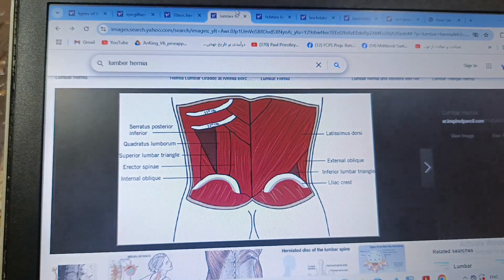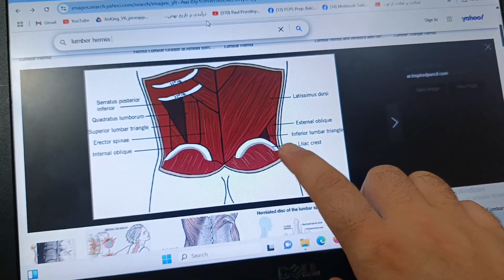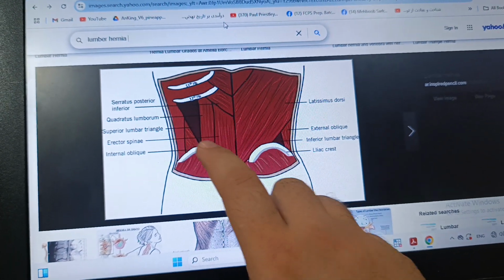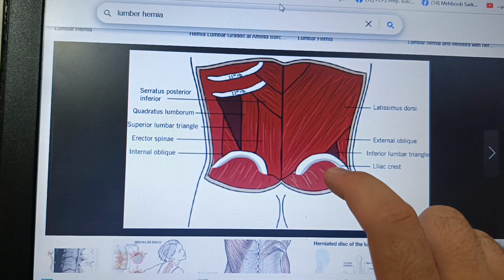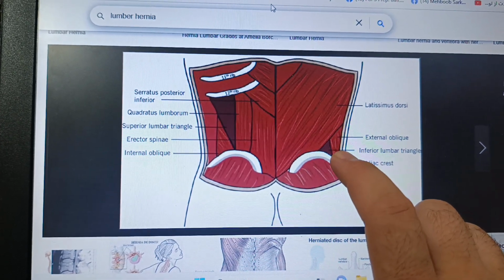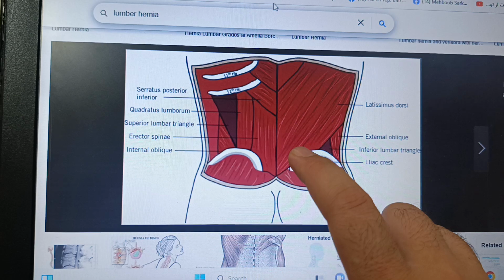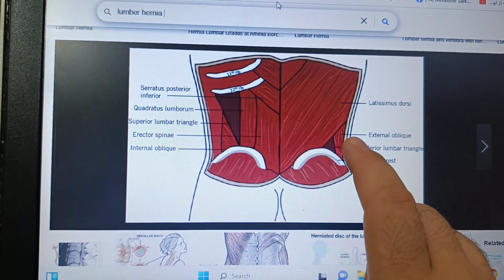Another one is lumbar hernia. We have an inferior lumbar triangle and a superior lumbar triangle. The inferior lumbar triangle boundaries: inferiorly the iliac crest, medially the latissimus dorsi, and laterally the external oblique.